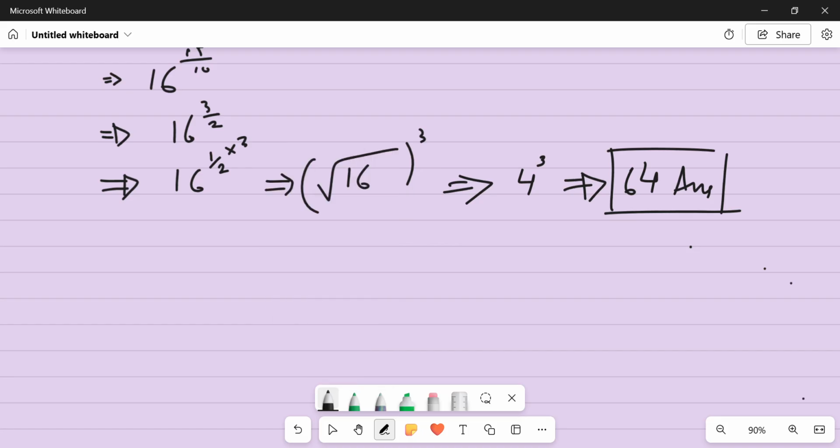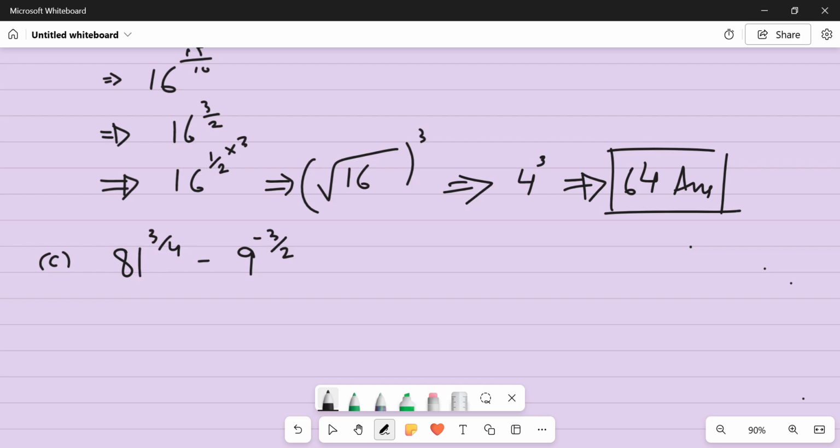Okay. Now next question, it's C part. C1 is 81 the power 3 over 4 minus 9 to the power minus 3 over 2.